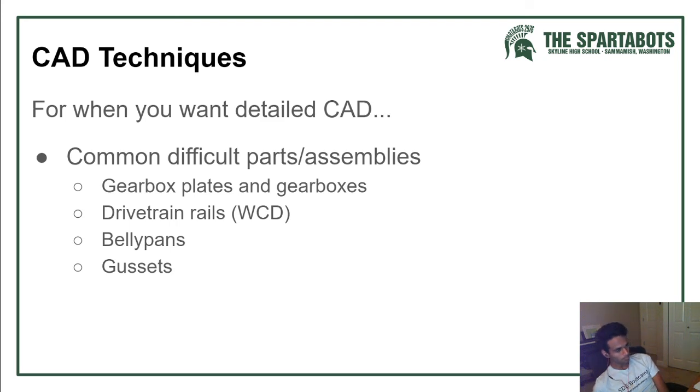But using the lightening tool decreases the time for that immensely. And then gussets, there is the gusset tool now, which makes doing them a lot simpler. Definitely use that.